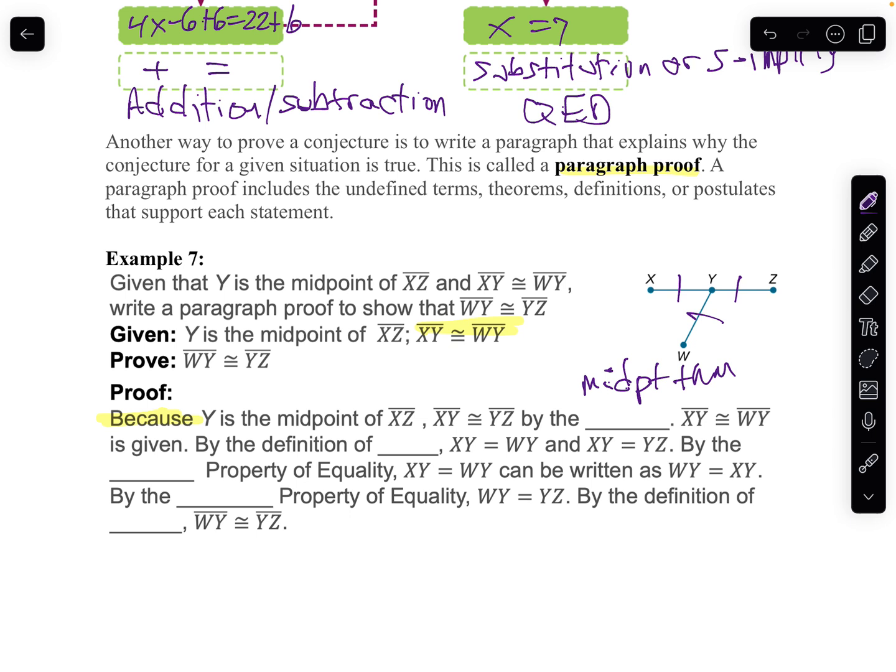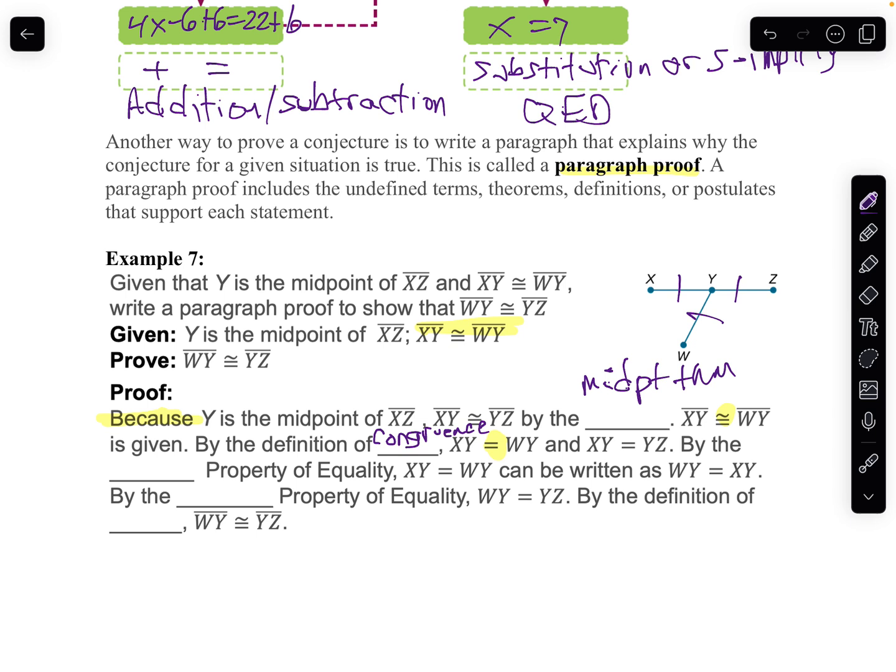So by the definition of what? Notice what happened. I'm changing my congruent sign to an equal sign. And the reason I do that is I want to use algebra. So we talked about that's the definition of congruence. You could even say congruent statements, but I didn't leave a lot of room there, so we're just going to say congruence.